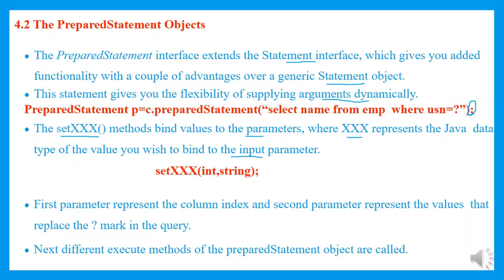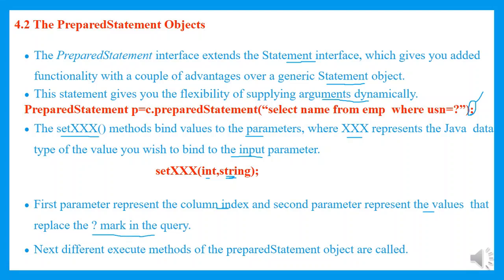The setX method takes two arguments. The first parameter is the column index. The second parameter is the value which has to replace the question mark. So I want to replace the question mark with USN 4CB16CS001. Then I will pass that value as an argument to the setX method. The first parameter represents the column index, and the second parameter represents the value that replaces the question mark in the query.